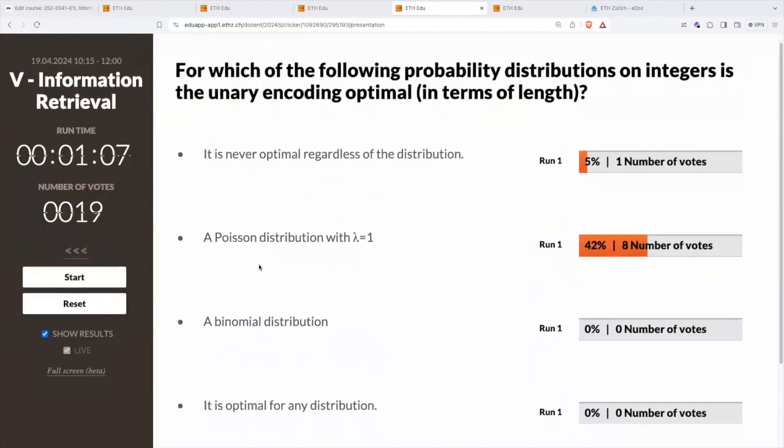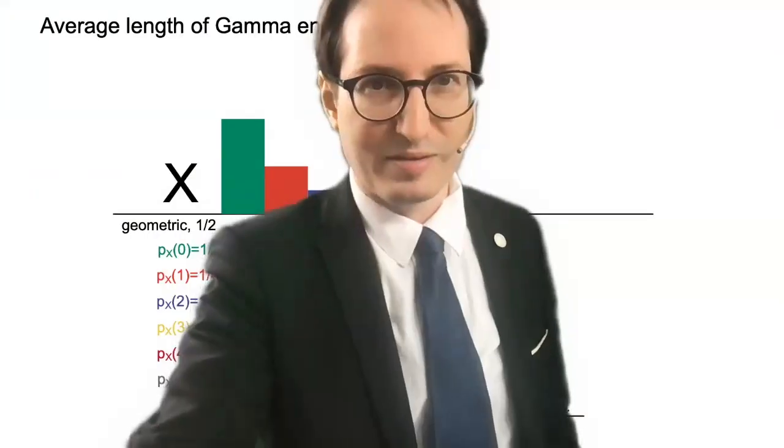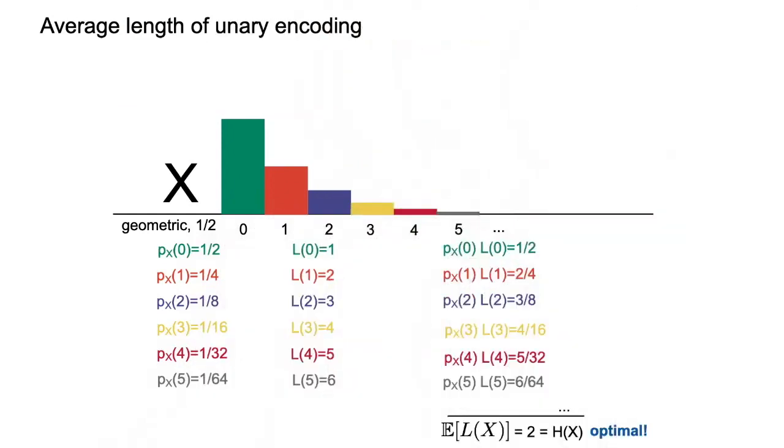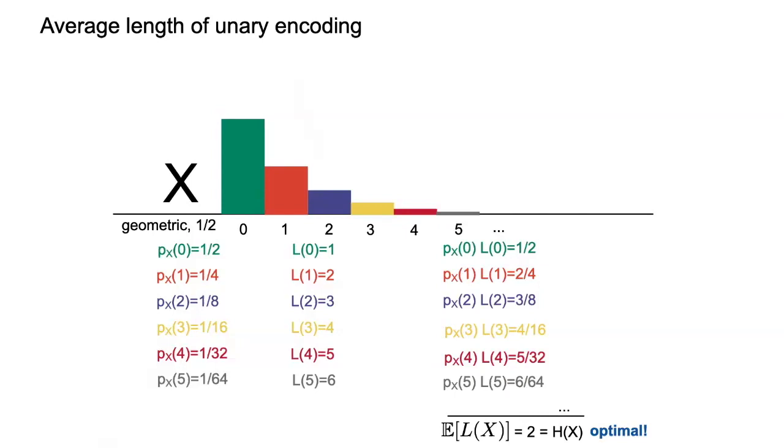And in fact, it is the negative powers of 2. In fact, the negative powers of 2, that's the geometric distribution. That's the one we've just seen on the slides. So let me get back to the slides. If I did it correctly, we should be exactly where we were. Yes. So, yeah, great. Can you believe this?